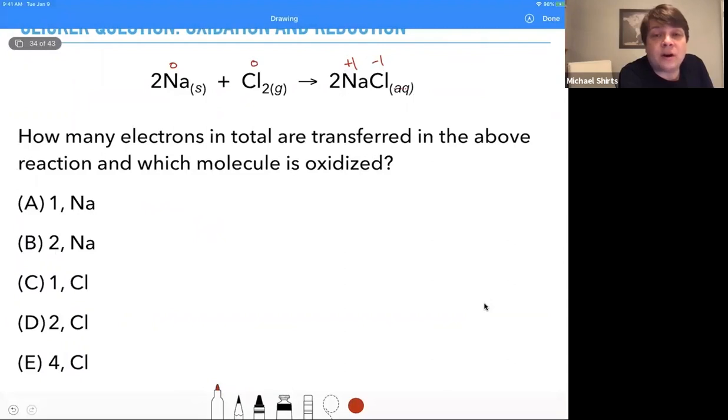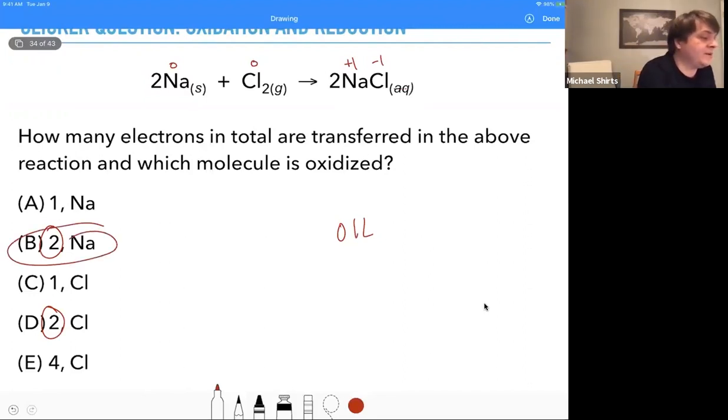So therefore, now there's 2 sodiums, because there's 2 sodium metals, and they each lose an electron. So there's 2 electrons that have moved. Which molecule is oxidized? Oxidation is loss. So therefore, the one that lost an electron is sodium.